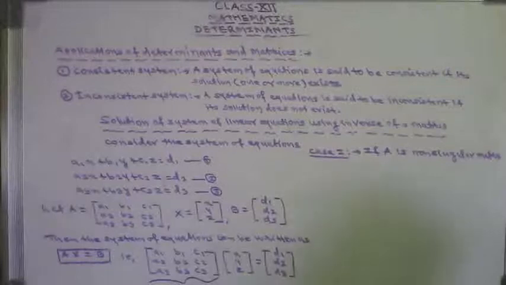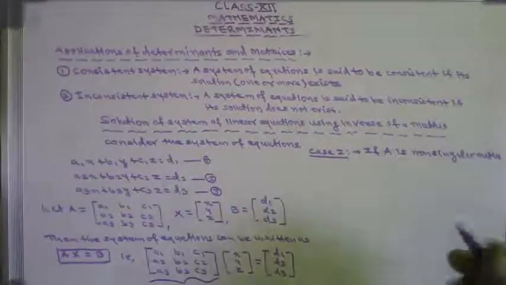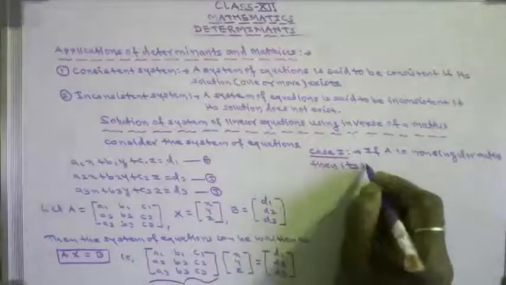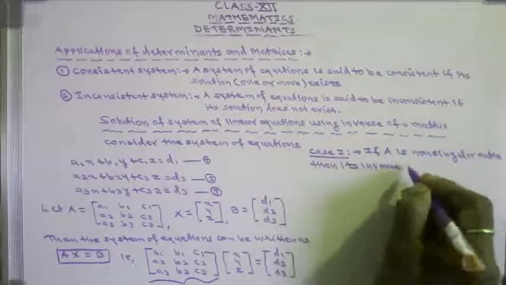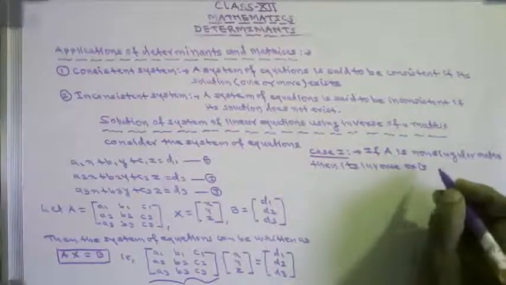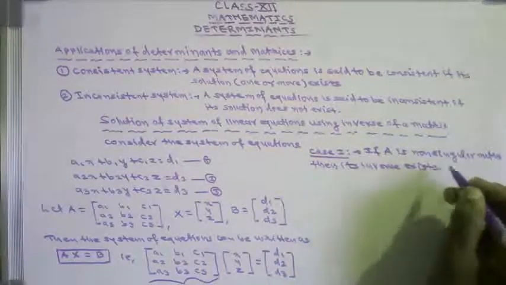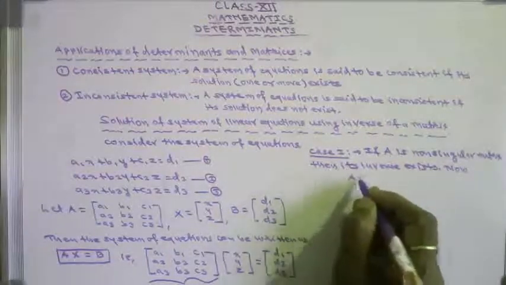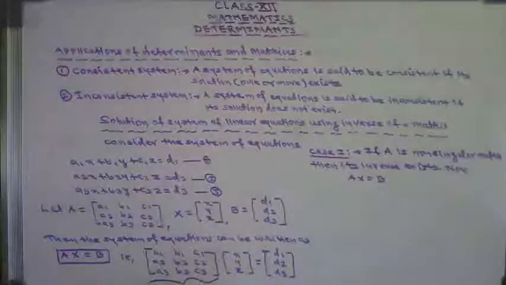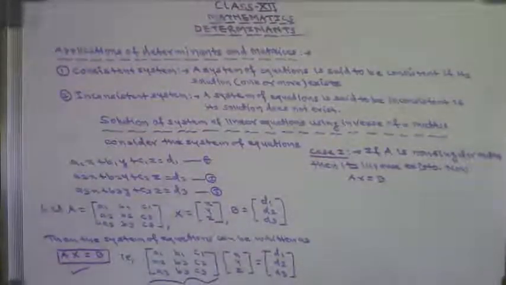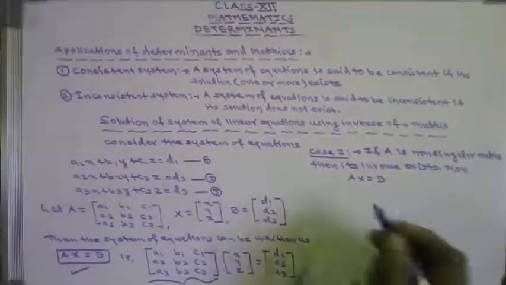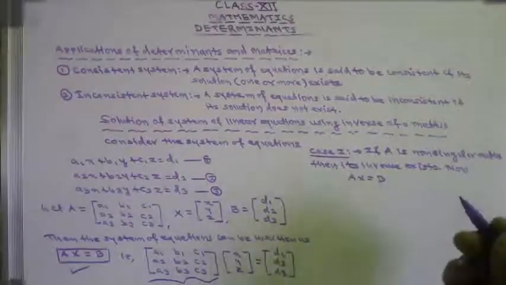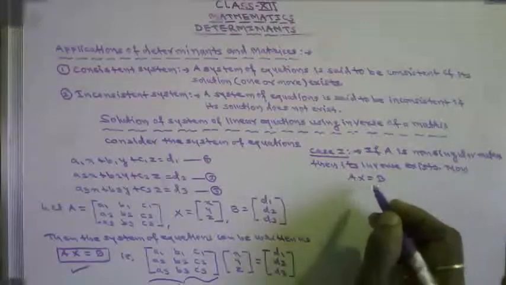Non-singular means whose value of the determinant is not equal to 0, then its inverse exists. Okay, now A into X equals B. So I am pre-multiplying. You always remember, to both sides either you can pre-multiply or post-multiply.